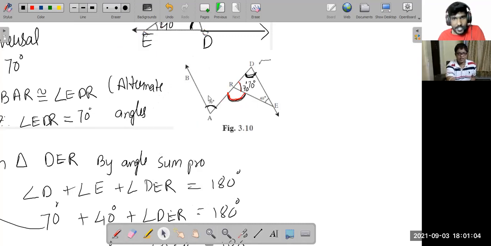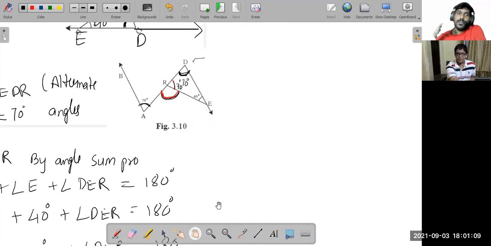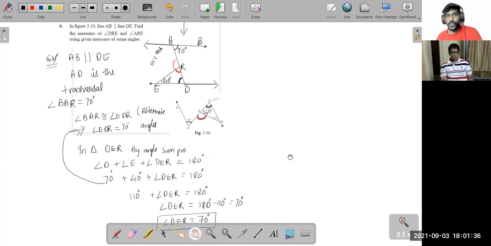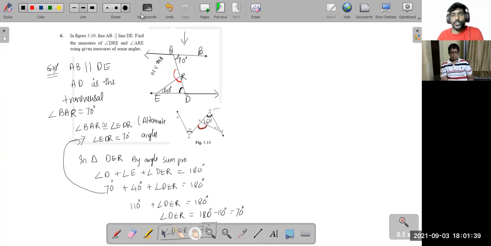How? Which property are you using? Linear pair. Okay. You can use linear pair, or you can also use the first theorem that you studied, the remote interior angle theorem. This is the exterior angle, and these are the two remote interior angles. So 70 plus 40 is 110. What you did is correct. Linear pair also will give you the answer. So can you complete this sum? The second part, whatever you want to use, use linear pair or the remote interior angle theorem.